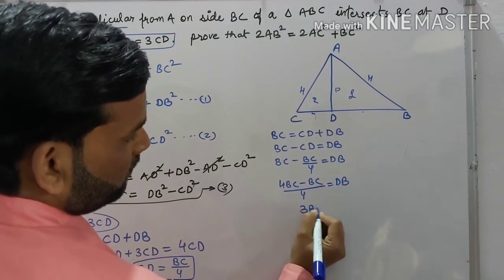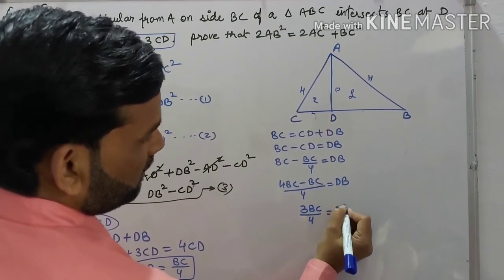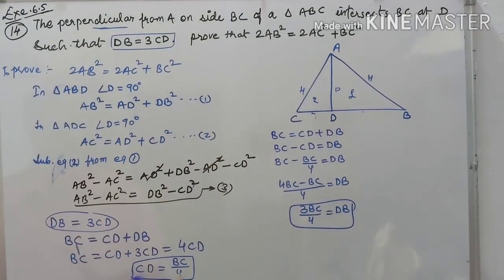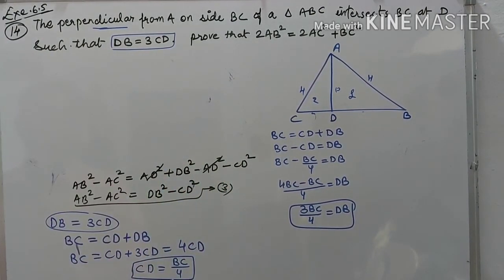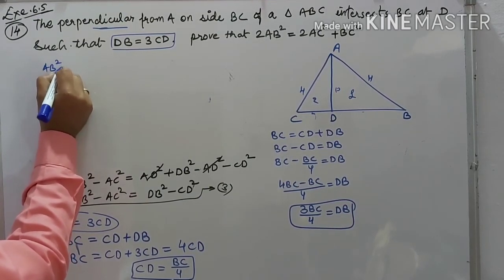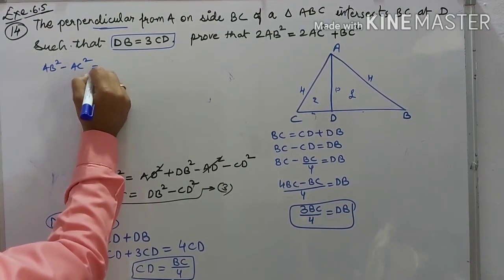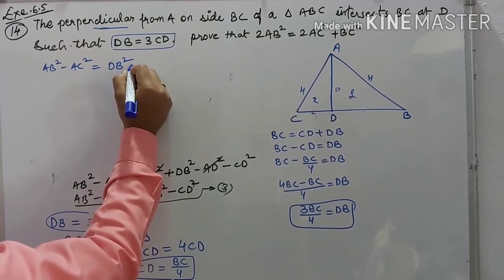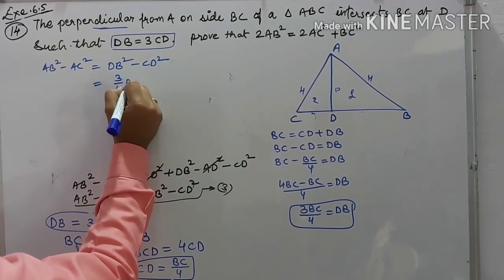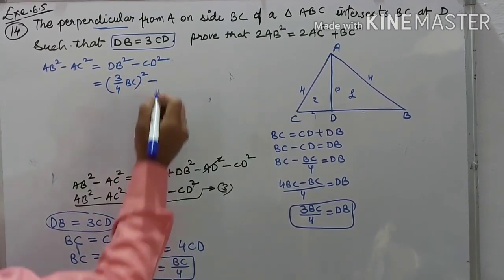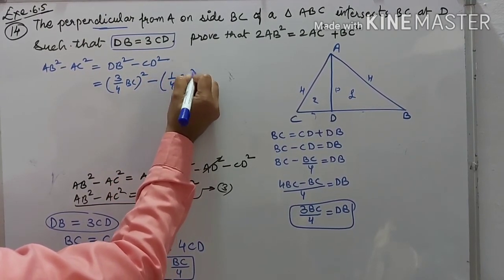Now both values will be put in equation 3. Equation 3 is AB square minus AC square is equal to DB square minus CD square, where DB is 3 by 4 BC and CD is 1 upon 4 BC.